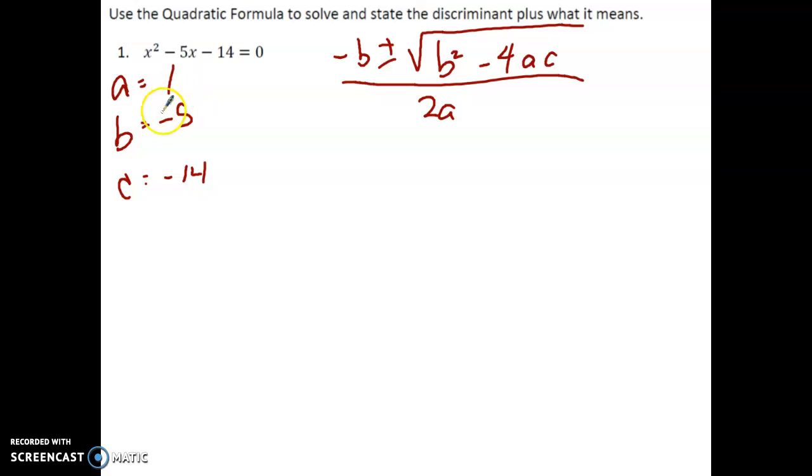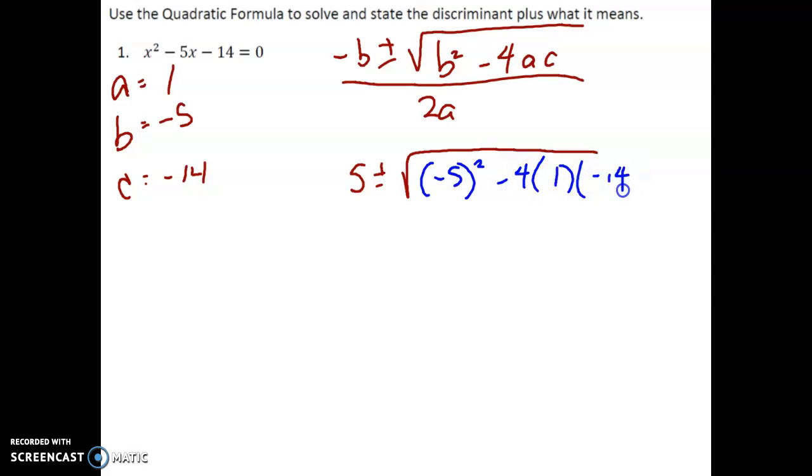So the opposite of B, well, B is negative 5, so the opposite of negative 5 is positive 5. All right, now I'm going to change colors for my discriminant here, and I'm going to get b squared. I'm going to remember to put that negative number in parentheses so that my calculator will give me the right answer. All divided by 2 times 1.